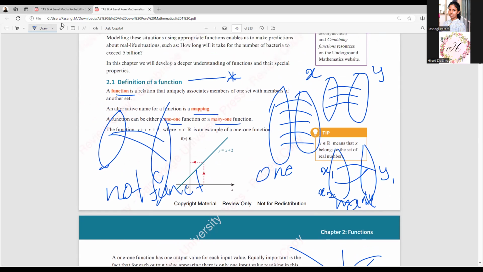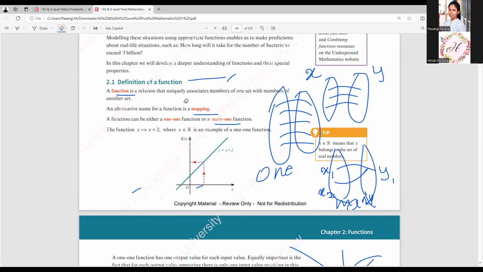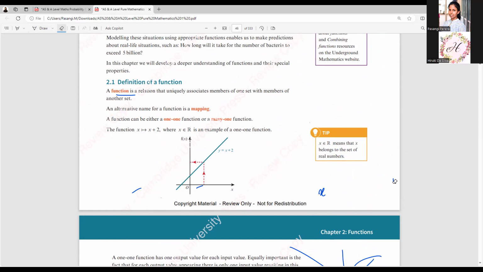Okay. Then if I erase this and move further, look at this example. They have given the function of x, which I'll say as y equals x plus 2.